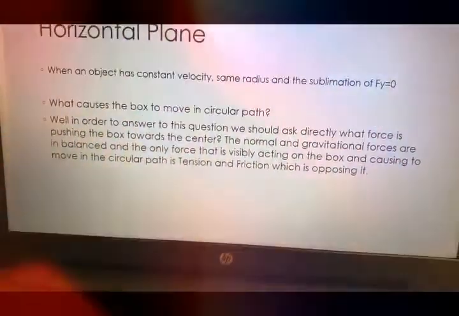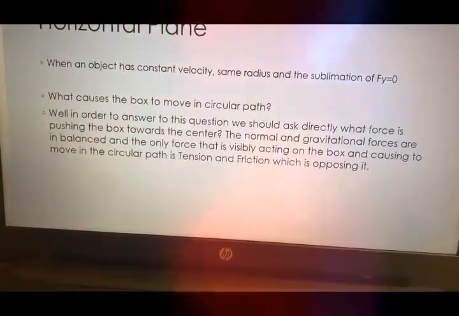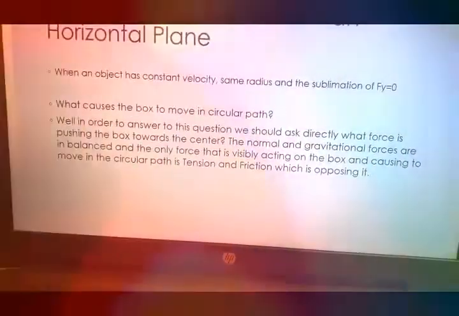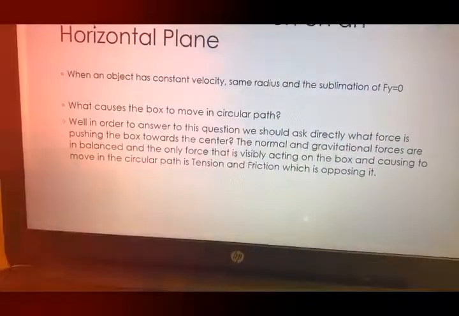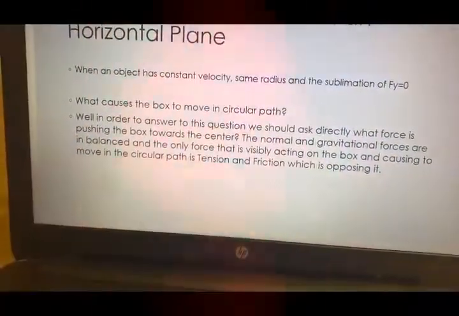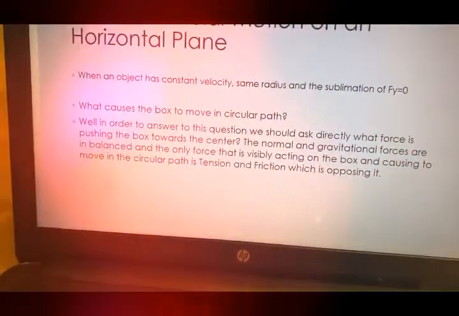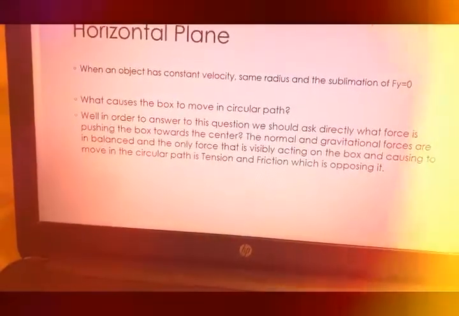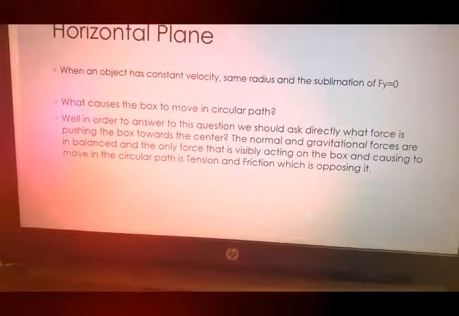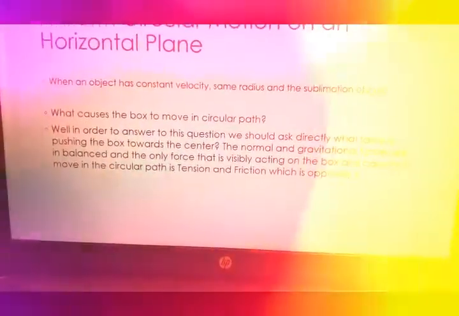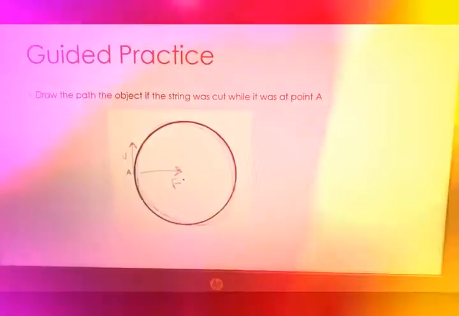In order to answer this question, first we have to answer what is pushing the box towards the center. As we said, the tension. The normal force and gravitational force, as I said, are balancing out, and the only forces visibly acting on the box in the circular path are tension and friction, as I said, the velocity opposing the circular path.